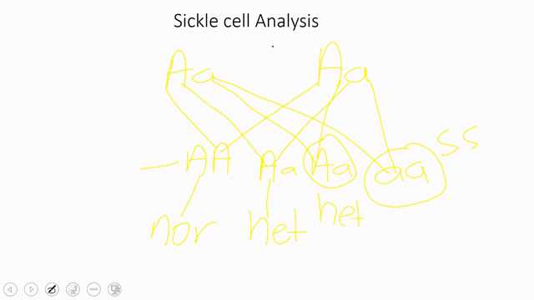The only way to interpret this data is that if a carrier man marries a carrier woman, there is a 25% chance that any child they give birth to will have sickle cell.